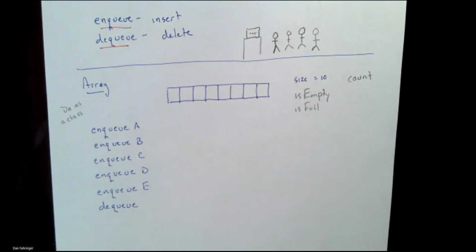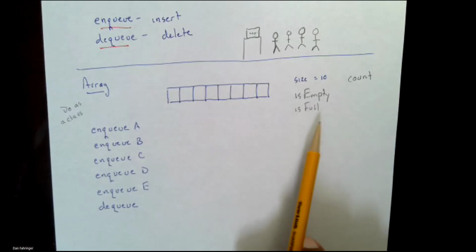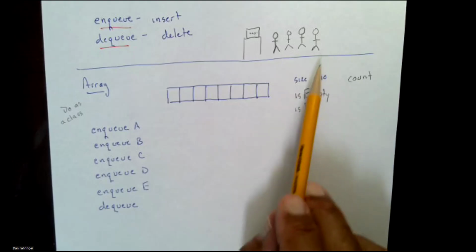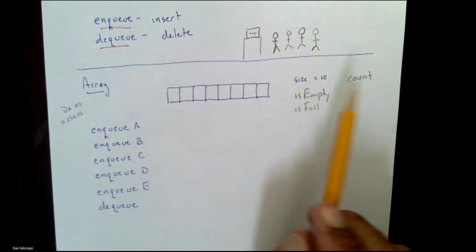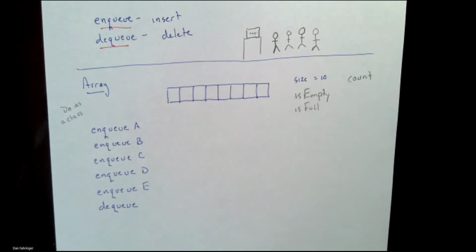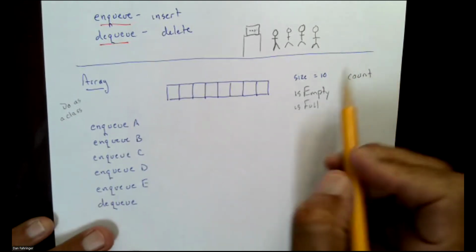I didn't even start anything yet, really, and look at all the stuff I'm already trained to do. I know I'm going to have functions is empty, is full. I'm going to have a variable size. I'm going to have some sort of variable count. I may need other stuff. I don't know, but let's work our way through it.